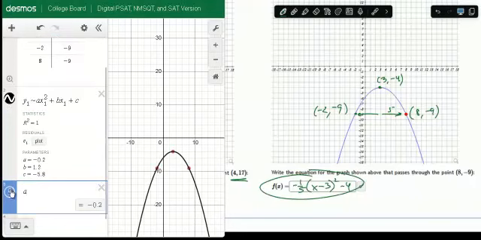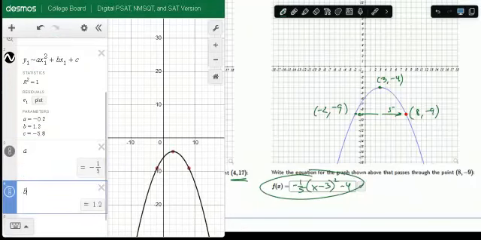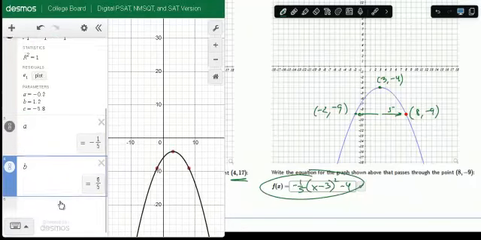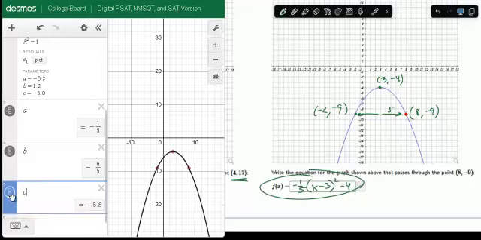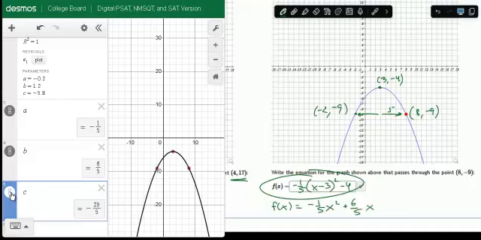If I want the fraction forms of a, b, and c, I could have also written this as the equation -1/5 x² + 6/5 x - 29/5, and that would also work.